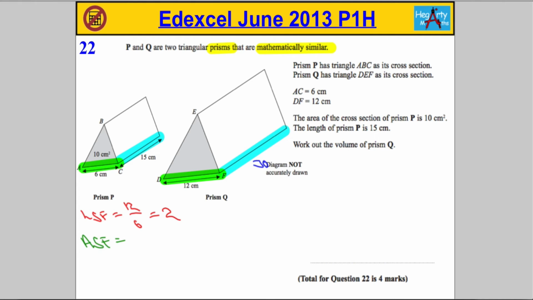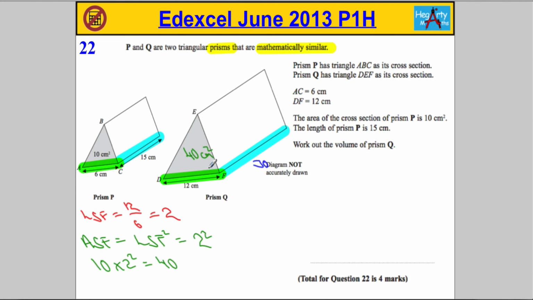And the area scale factor is always the linear scale factor squared, which is going to be 2 squared. So if this area here is 10, that means this area over here is going to have to be 10 times 2 squared, or 10 times 4, which is 40. So I know that this area here is 40 cm squared.